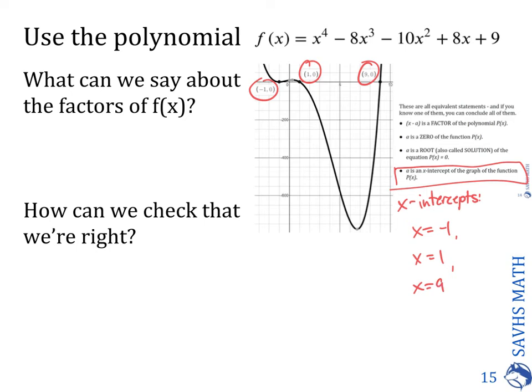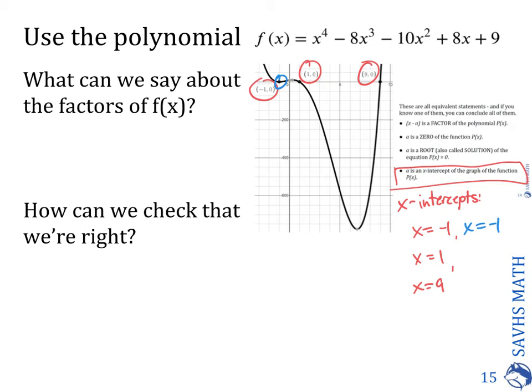And I just wanted to pause for a second, because this spot right here looks like it's bouncing off the graph and not crossing, excuse me. So what that means is we have a double root at x equals -1. So we have 2 x-intercepts there. It's a double root, multiplicity 2.